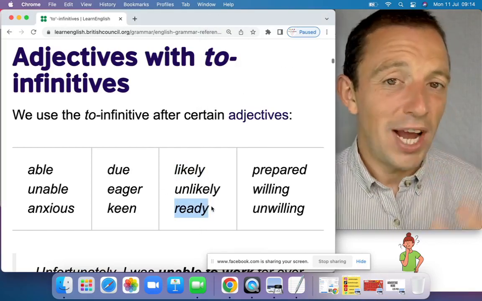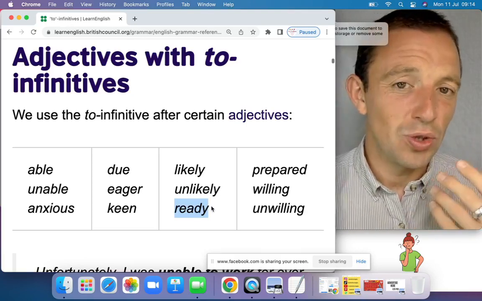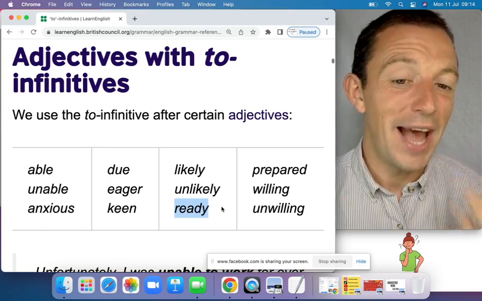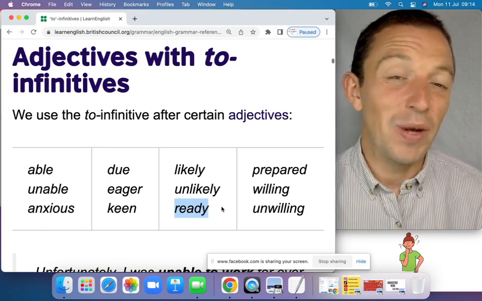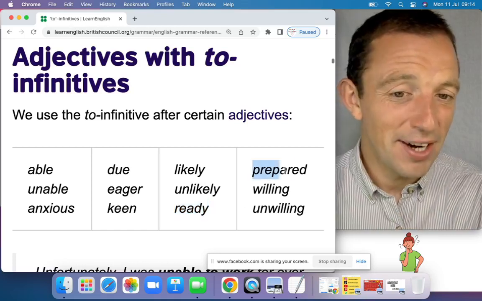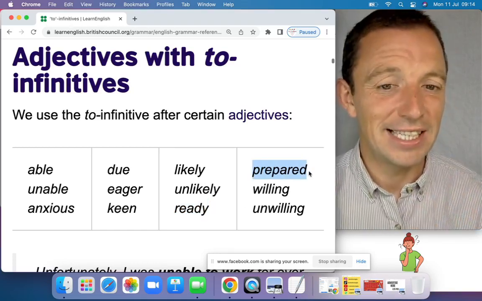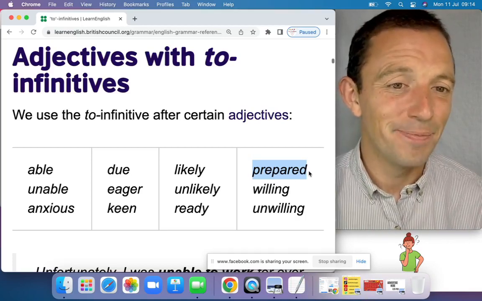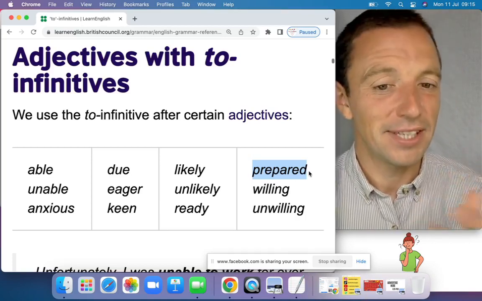Another adjective, ready plus the infinitive. You are ready to begin. You are ready to progress. You are ready to enter the competition. So infinitive after this adjective. Prepared, you are prepared to take the exam. You are prepared to go to the next level. So infinitive typically after this adjective.